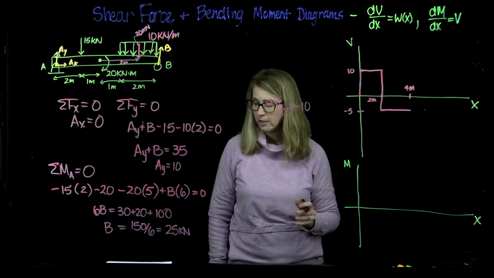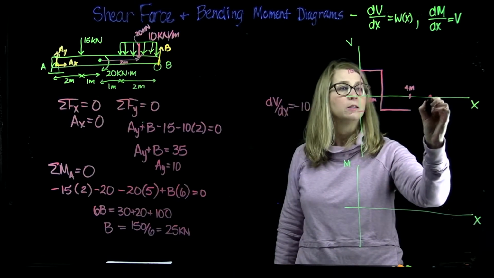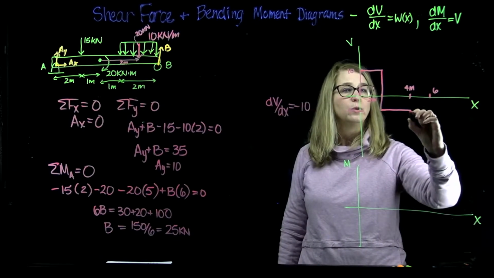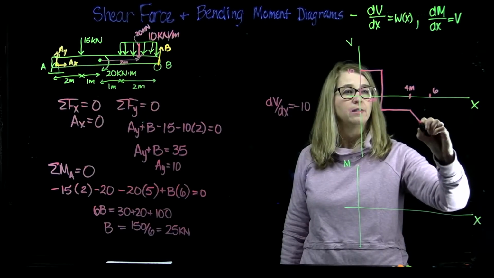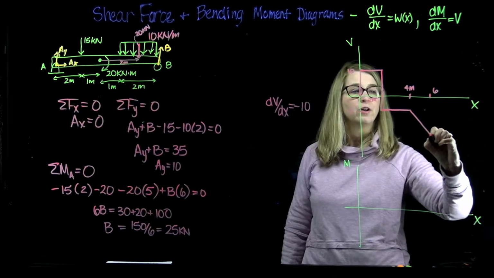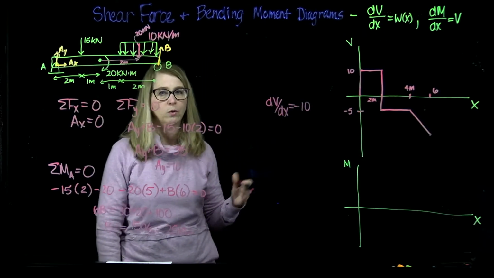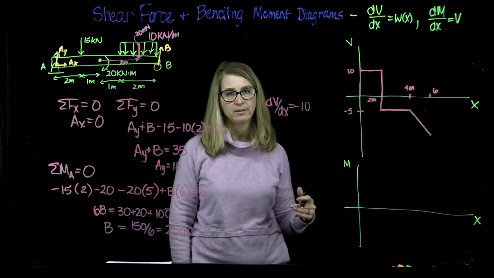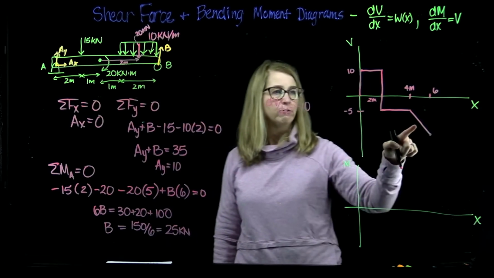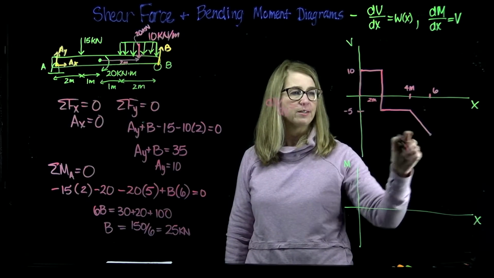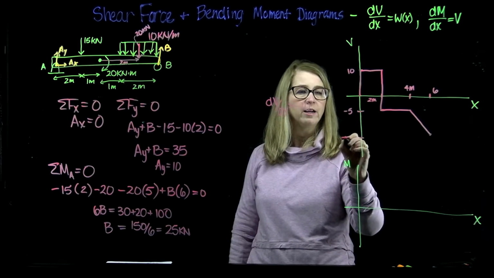And so we're going to continue from 4 to 6 with a slope of -10. And so that would tell us that for every meter that we go horizontally, we're going to drop down 10. So at 5, we go to -15, and at 6, we're at -25.